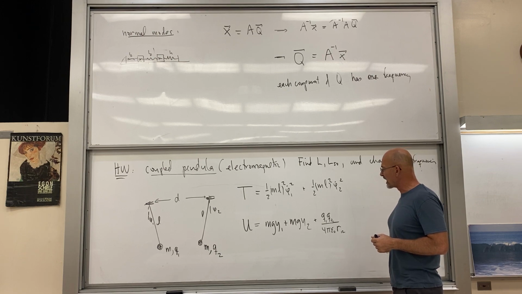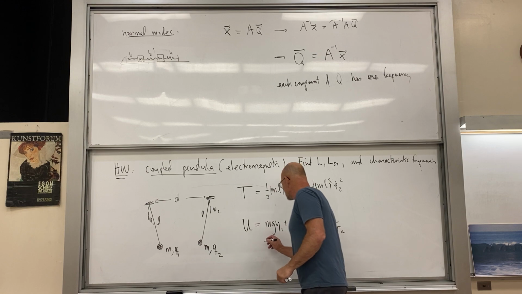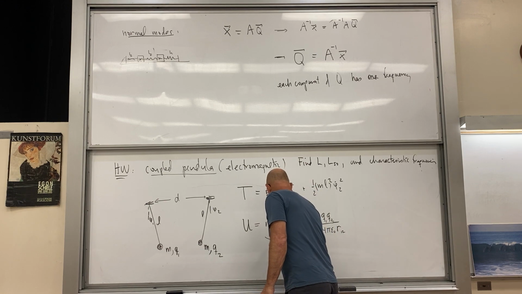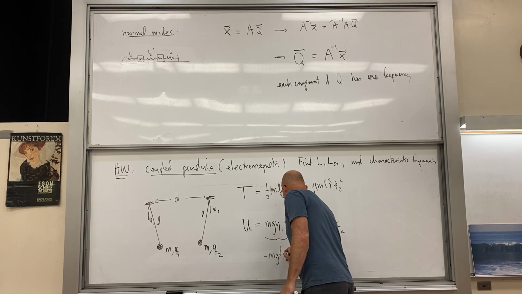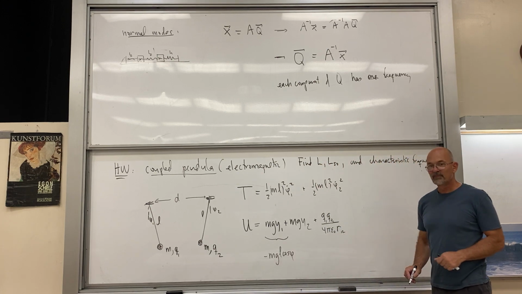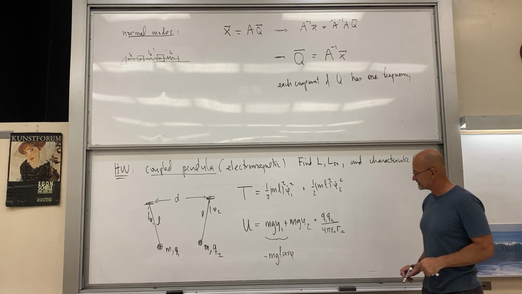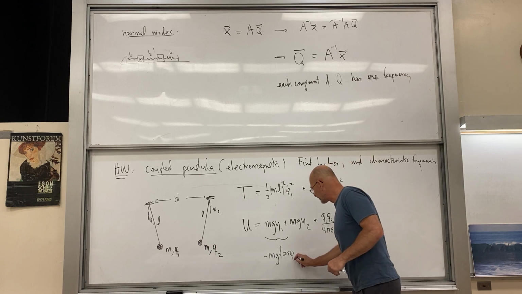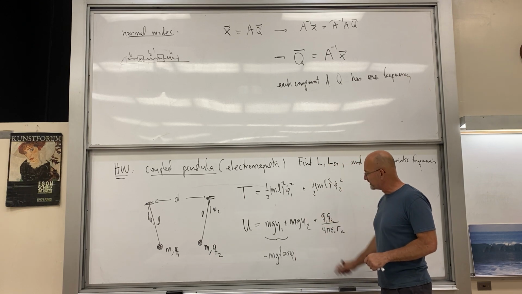So how much of this do I do? I'll just remind us that we can say minus mgL cos phi for the simple pendulum. And this would be cos phi sub 1. We'd have the same thing for this.